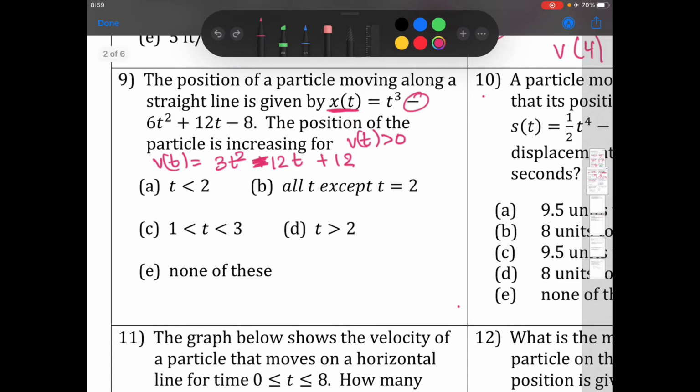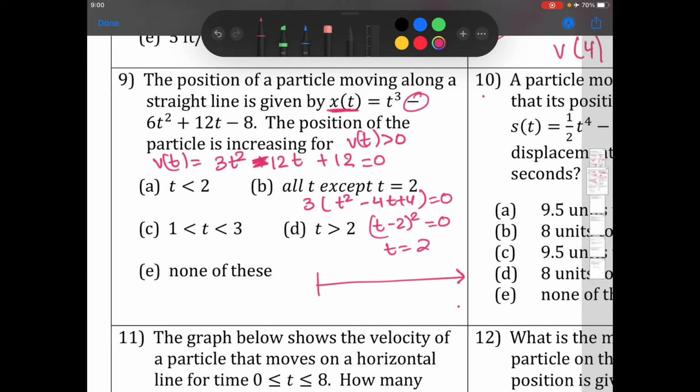So that's my velocity, and it's asking me when the position of the particle is increasing. So I'm going to set it equal to 0 and factor out the 3. I'm left with t squared minus 4t plus 4, which would be t minus 2 squared. So t is equal to 2. I'm going to sketch my velocity number line and find out where it is positive. So it's capping at 0 and 2.